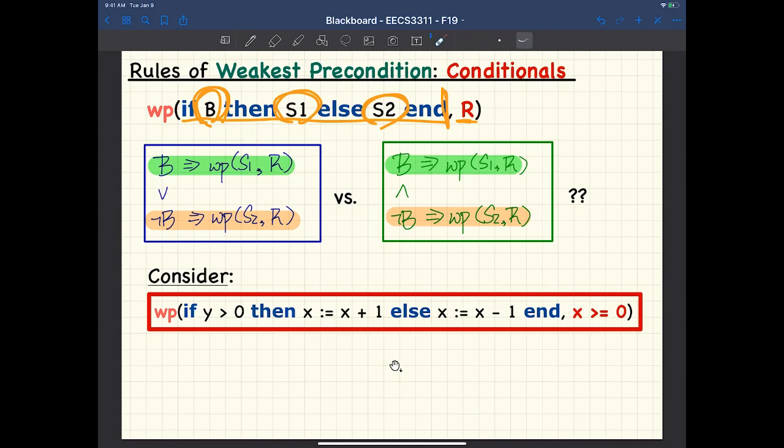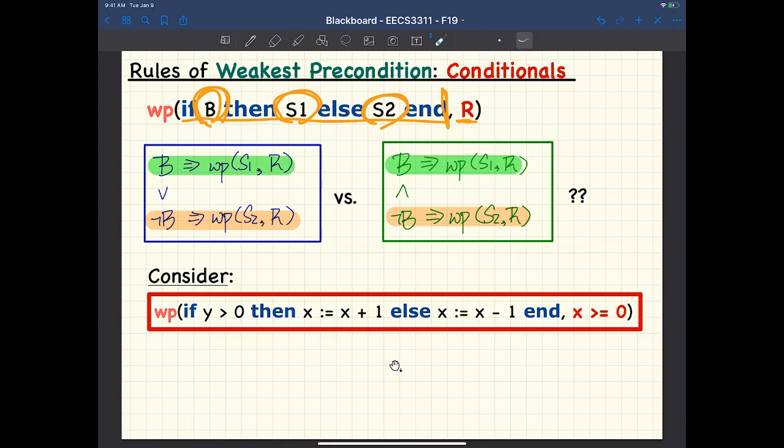Intuitively, think of it this way. Do we expect both branches to be able to establish R? Let me put my question clearly.